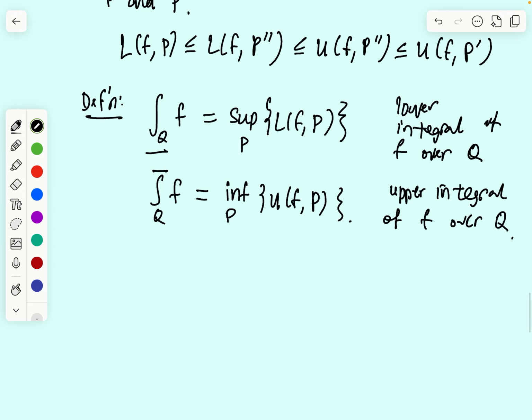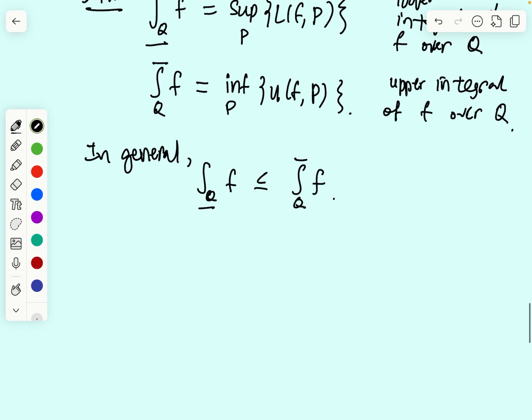And similarly, the infimum of these upper sums is bounded below by any lower sum associated with any partition. Okay, so in general, we have that this lower integral is less than or equal to this upper integral.